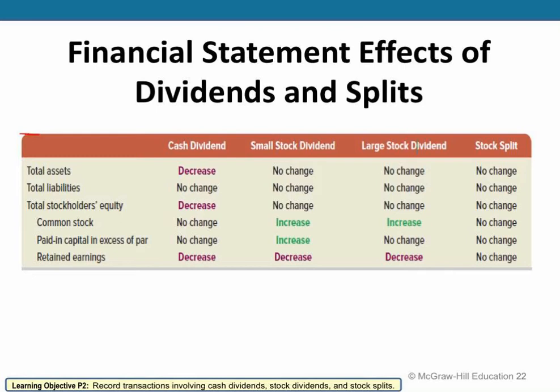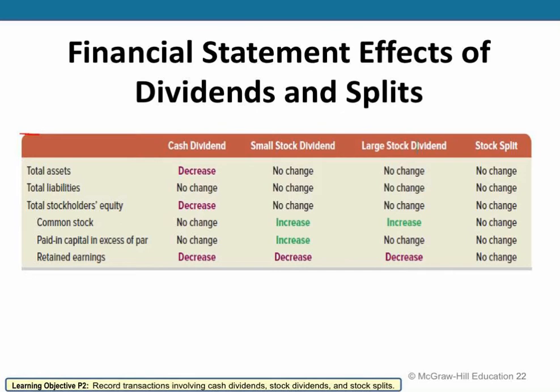Now taking a look at our small stock dividend, here we're going to have no change in the total assets or liabilities. We have no net change in total stockholders' equity. But what we are doing is we're moving some of those retained earnings, or decreasing our retained earnings, and we are providing those in the way of the stock certificate. So we're increasing the amount that we're going to have listed as common stock on our balance sheet with par value associated with it.